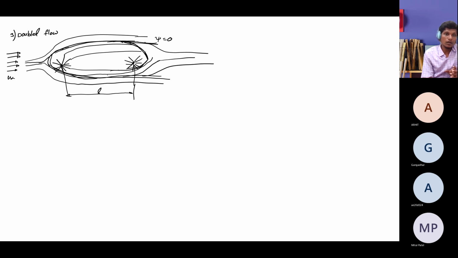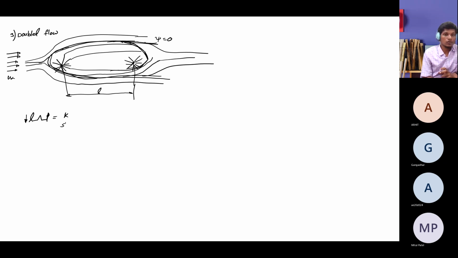If you move this source and sink to an infinitesimally small distance, such that the strength, that is the volumetric flow rate of the source and sink, is very high, you are decreasing the distance and increasing the strength, and the combination should give some constant value.